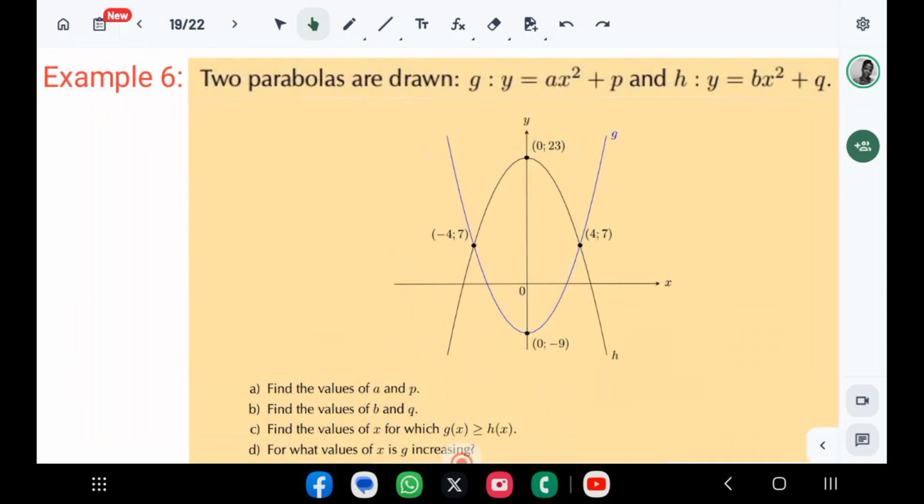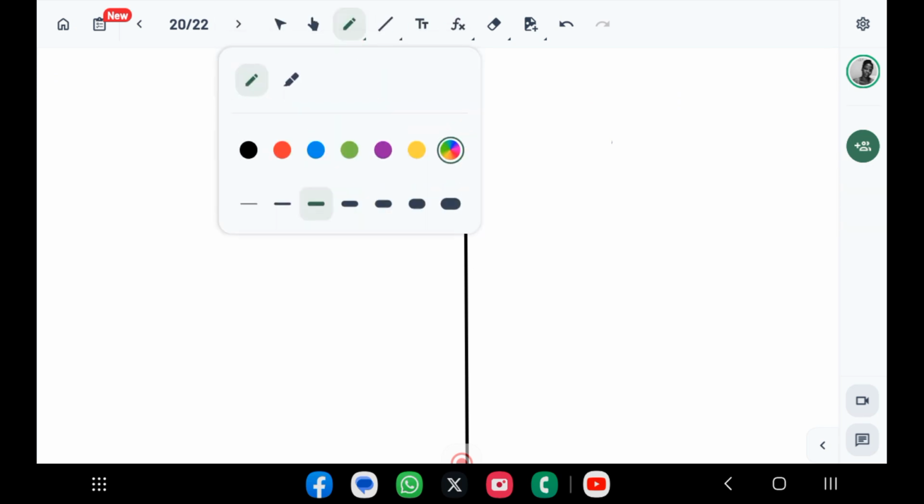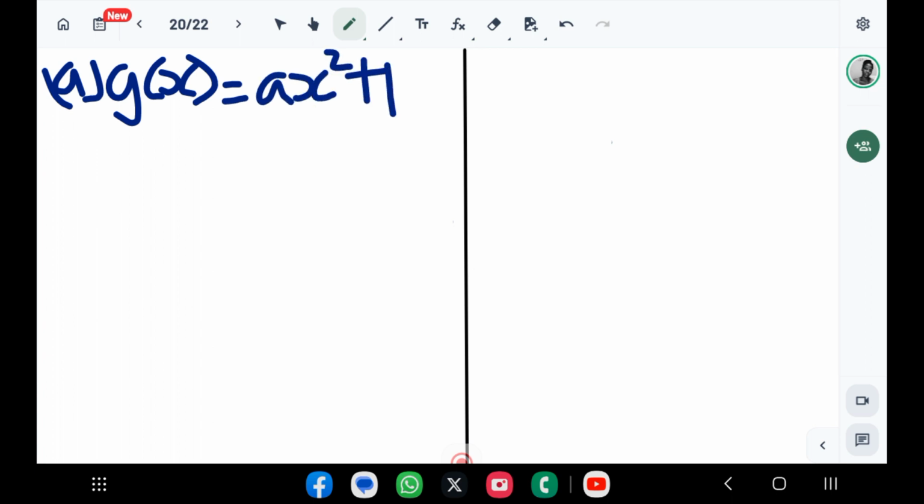So you go, g of x equals ax squared plus p. Number A. We've got the points.